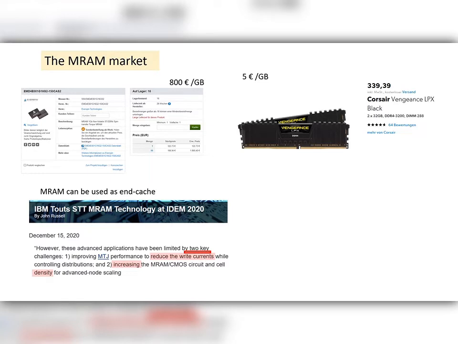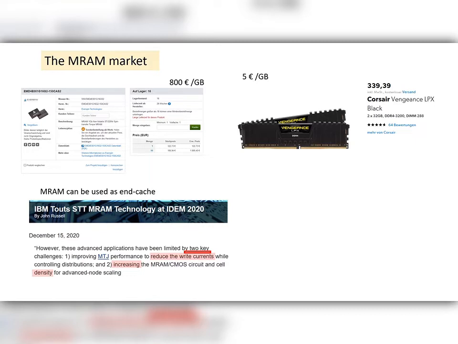Very recently, IBM stated the following concerning the MRAM technology. These limitations of MRAMs are limited by two key challenges. One has to reduce the write currents and to increase the cell density.